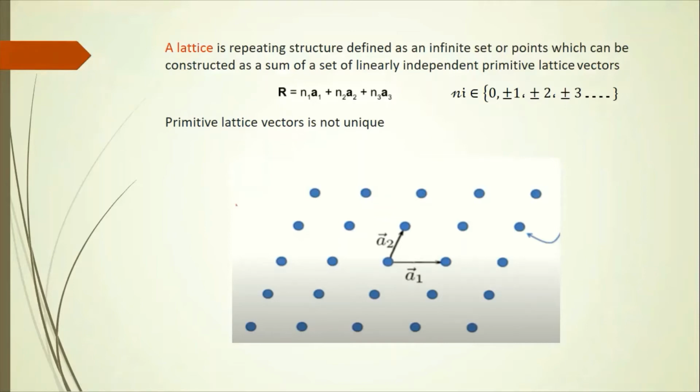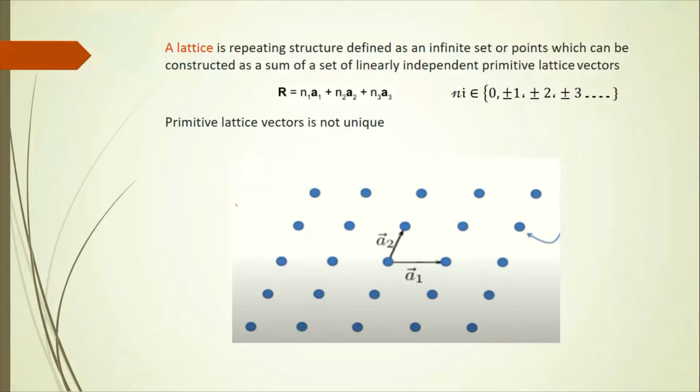So these are just vectors in 2D or 3D, and any point on the lattice can be described by this formula. So every point of the lattice belongs to this family, and you can reach any point of the lattice by finding the proper coefficients, one or two or three, for the primitive lattice vectors.